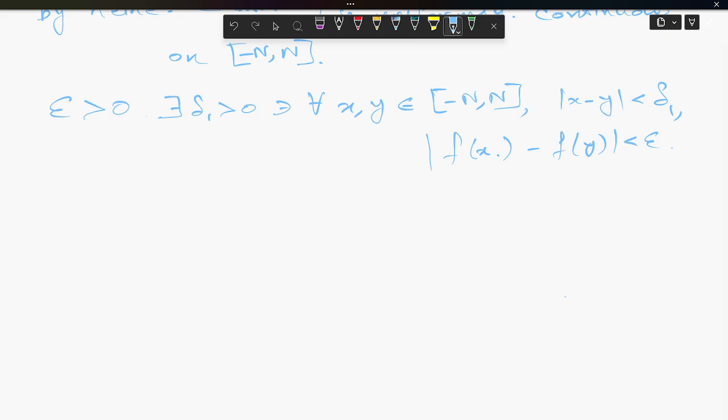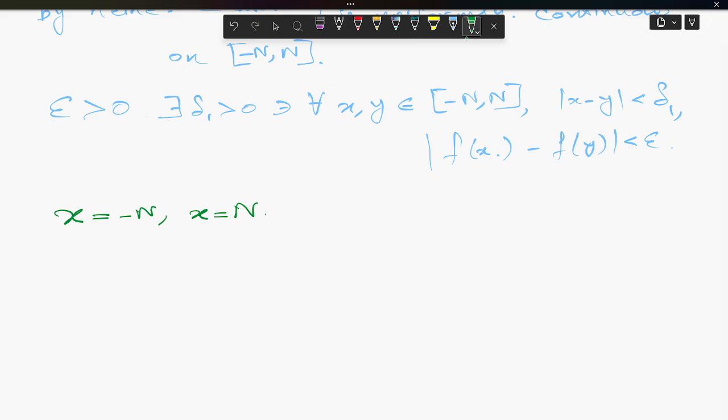So now, by combining the regions, we need to ensure uniform continuity across the entire real line. So we have to consider the transition regions near x equals minus n and x equals n.